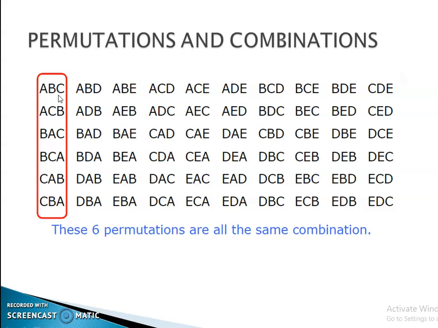Permutations and combinations. Permutations are the groups which can be made from a given number of objects by taking together some or all of the objects at a time with regard to the order of the objects, whereas in combinations, order is not important.